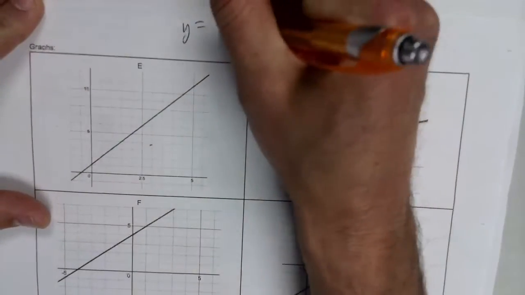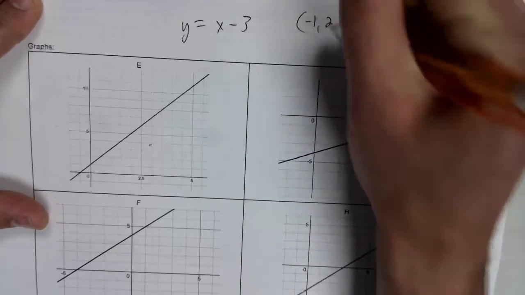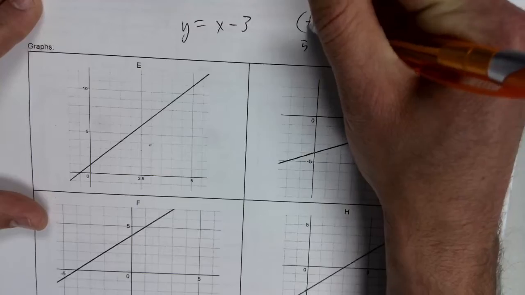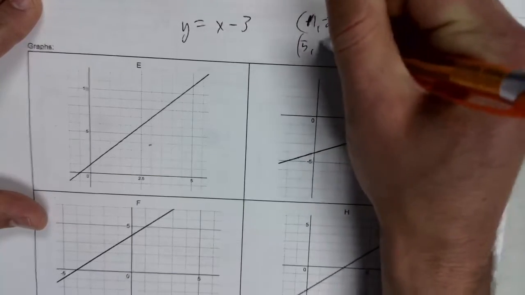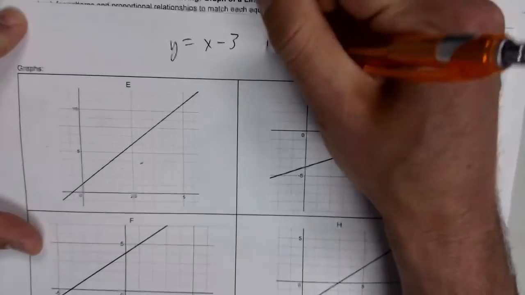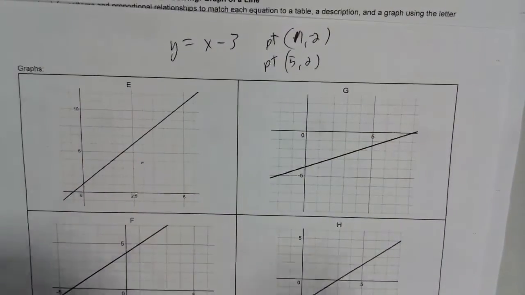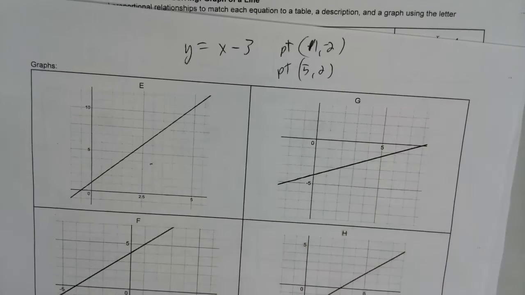So again, what I'm trying to figure out, I have y equals x minus 3. We have a couple of points that I can test. Well, that was supposed to be positive 1, negative 2, and then 5, 2. So, if you look at these graphs, again, each of these is a point. But as I mentioned, a graph, the line specifically, is like all the points connected.